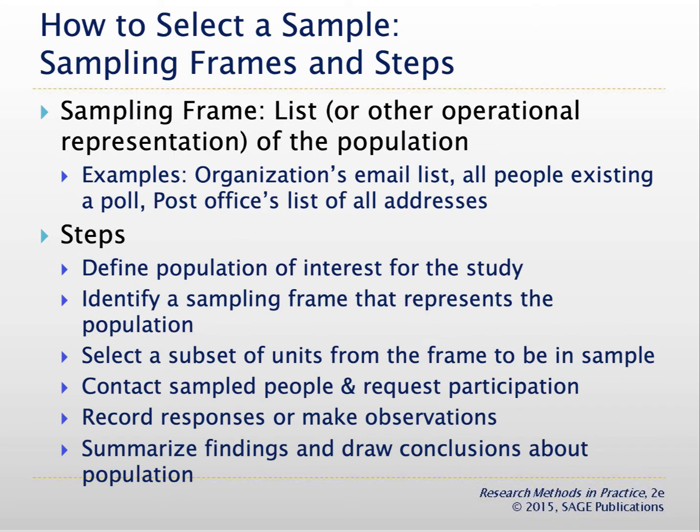So how do you actually select a sample? The first key is to get a sampling frame. What does that mean? That's an incredibly important piece of jargon for sampling. It's ideally a list of the entire population. So, for example, we have an email list of all of the MPA and MIA and Masters of Higher Ed students at the Mark School.